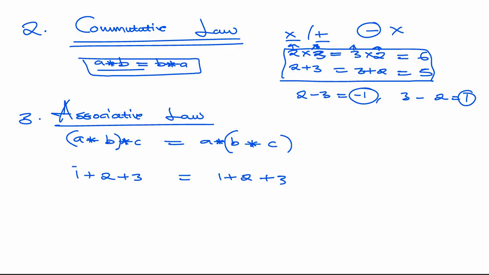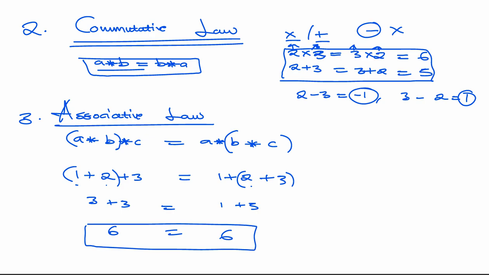Let's see if we are going to have the same thing. With 1 plus 2, we start with what is in the brackets. When you follow BODMAS, we get 3, then plus what is outside, we actually get 6 here. Let's come here. We have 1, and what is in the brackets? 2 plus 3, we get 5, which at the end gives us 6. So that is what the associative rule is.